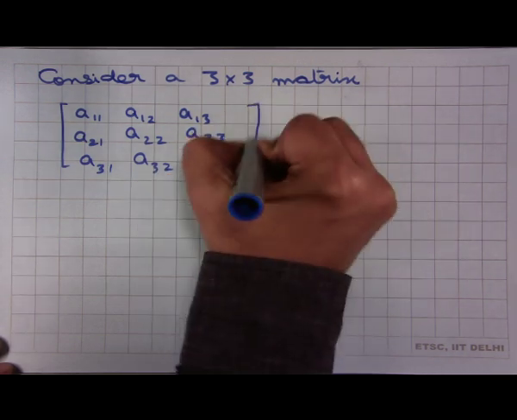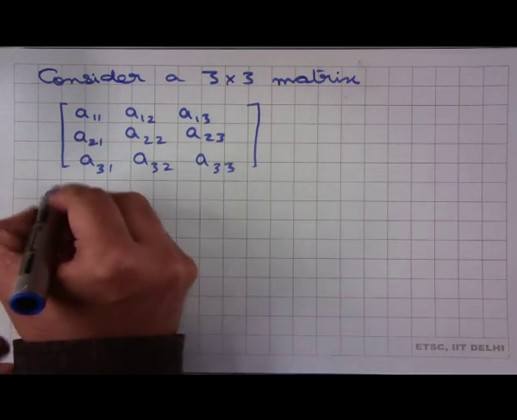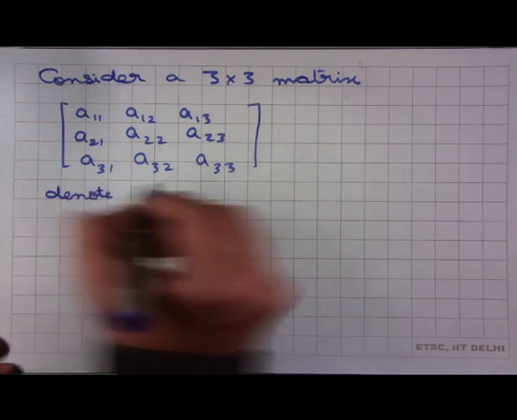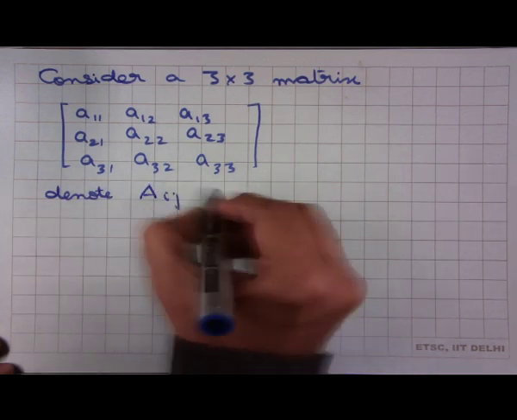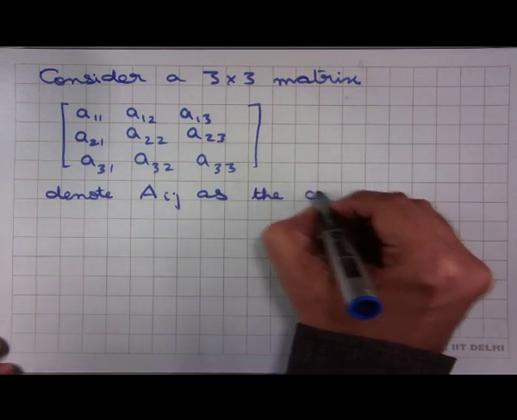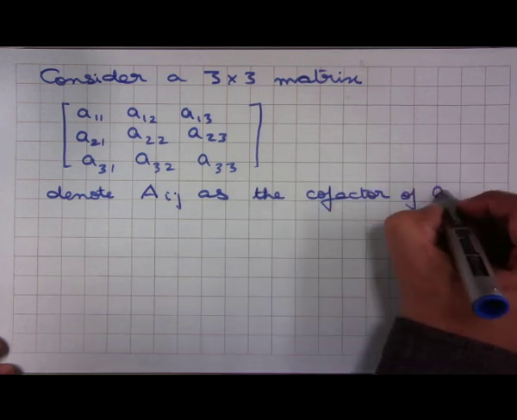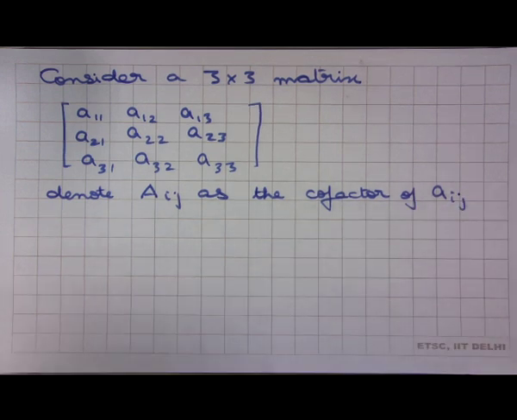All right. Now, the idea is that if we denote capital Aij as the cofactor of the element Aij, where i and j are the indices for rows and columns respectively.